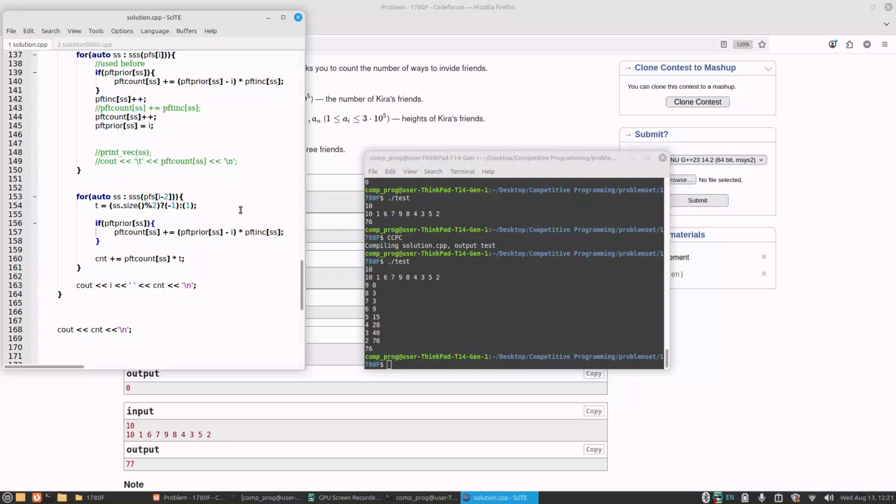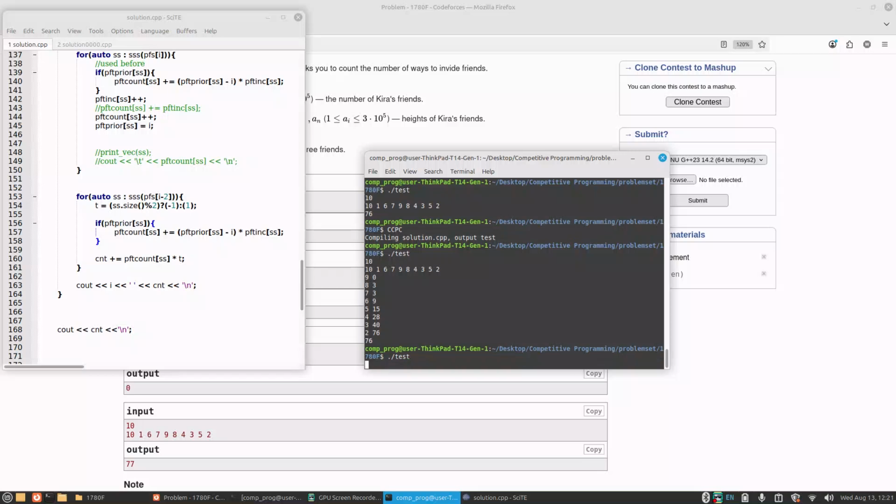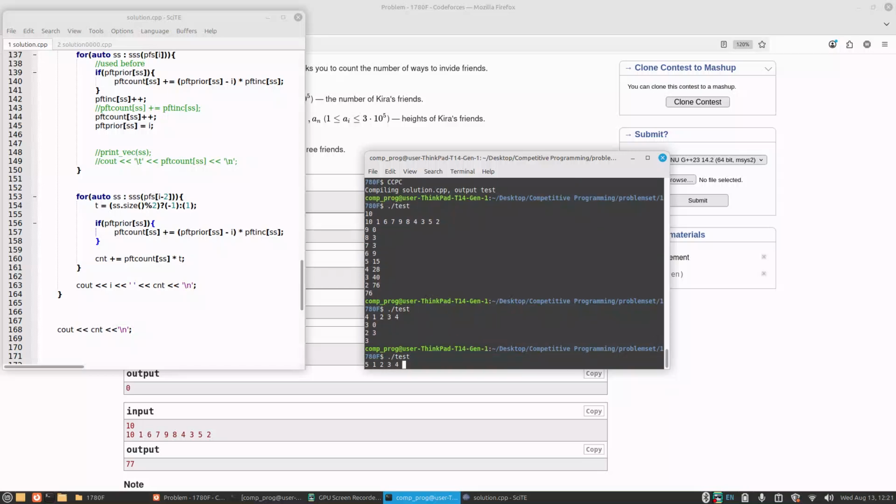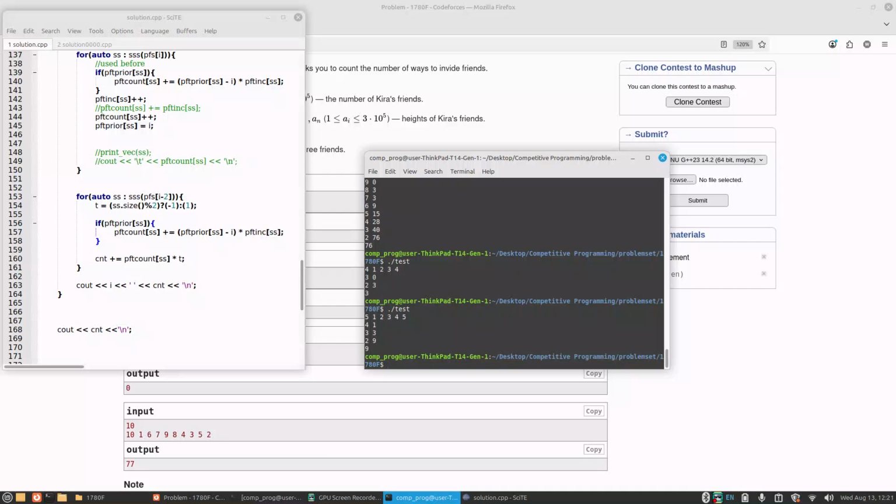Is there some sort of fundamental misunderstanding I'm having? Oh, let's try with smaller sets. 1, obviously, 3, 6, that works out.